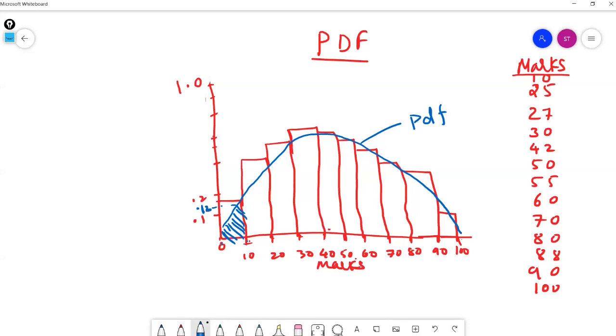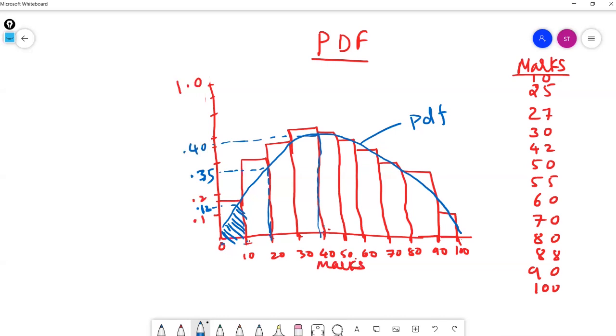If I consider 20, and draw an imaginary line, maybe it is 0.35. The distribution of the marks from 0 to 20 is about 35%. The distribution of marks up to 40 is about 40%.